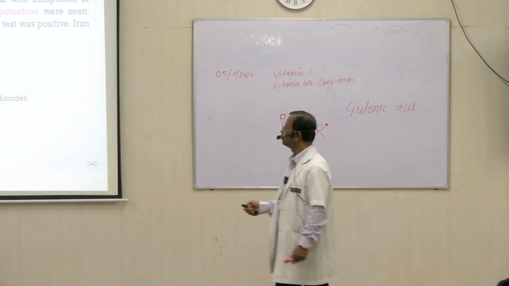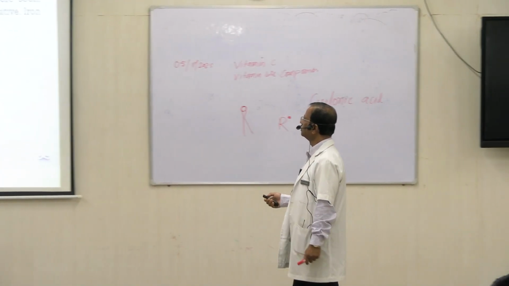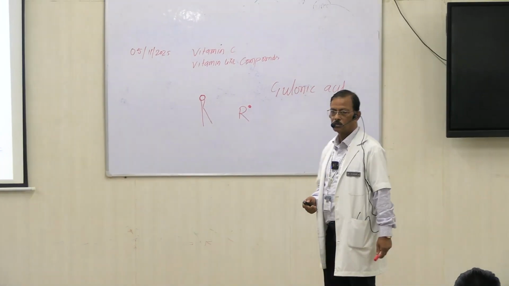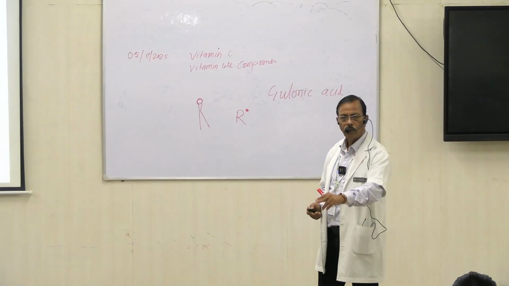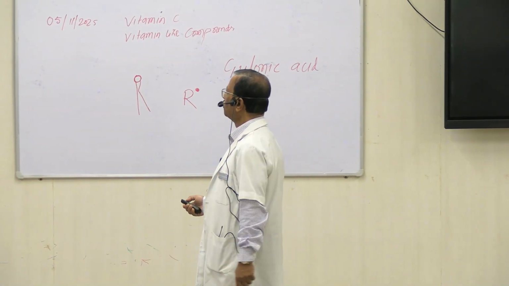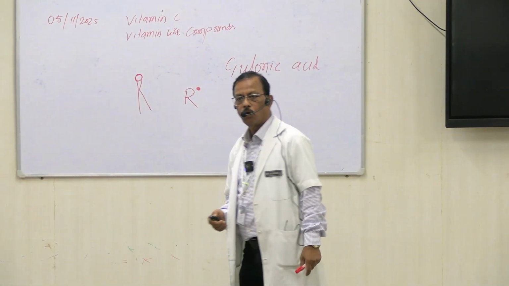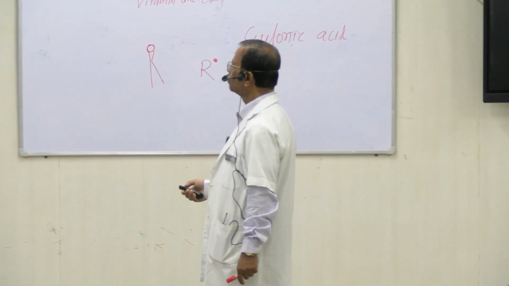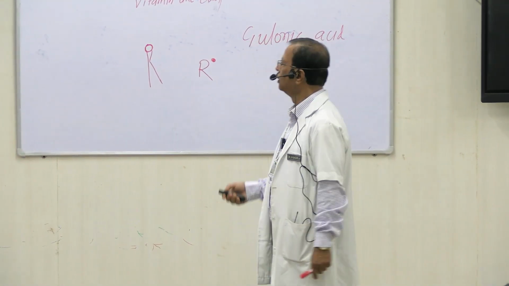Okay. Now, so many points are there. Painful and bleeding gums. So you have to tell why painful bleeding gum is there. Petechiae, what is the reason of petechiae? You have to tell. Joints are swollen and painful. You have to explain.